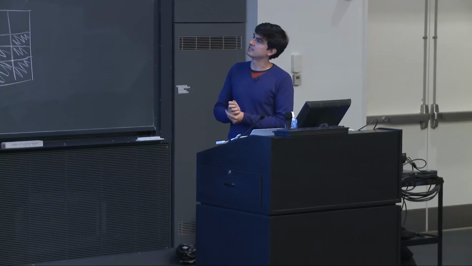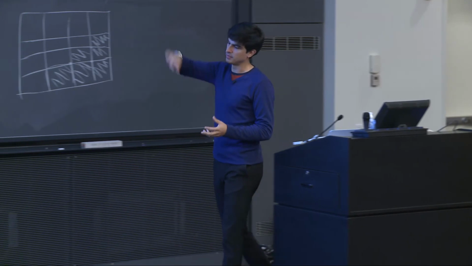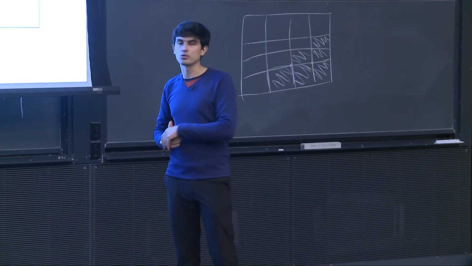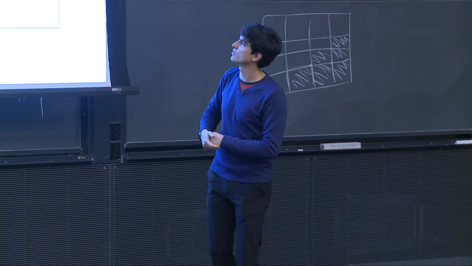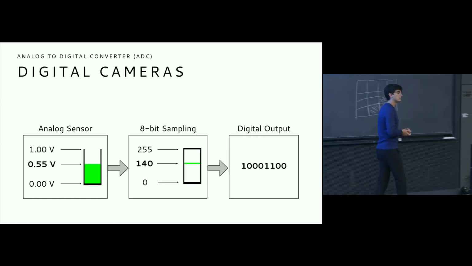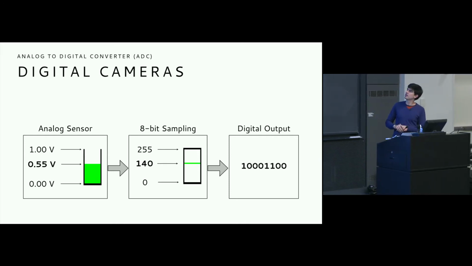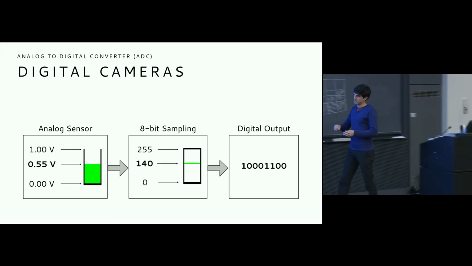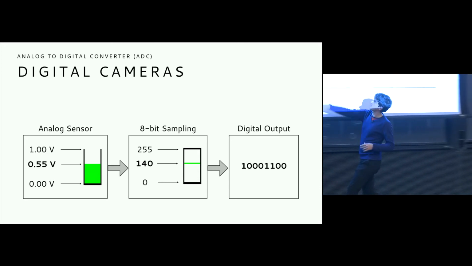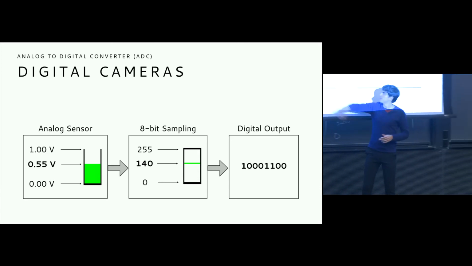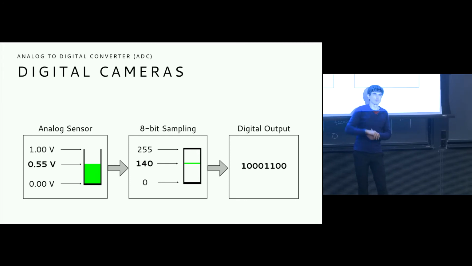So we have here an analog sensor. It has a voltage because some photons have fallen within this photodiode and the voltage is increased to a value of 0.55 volts. And then we need to do some sampling. What this is, we are essentially breaking down this continuous variation in voltage to some binary representation of that voltage.